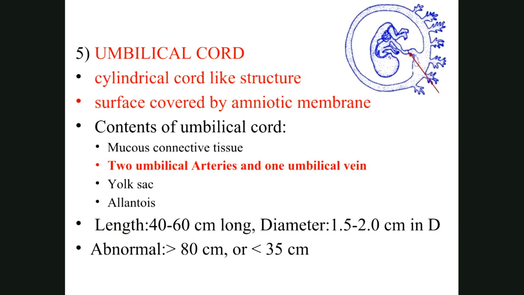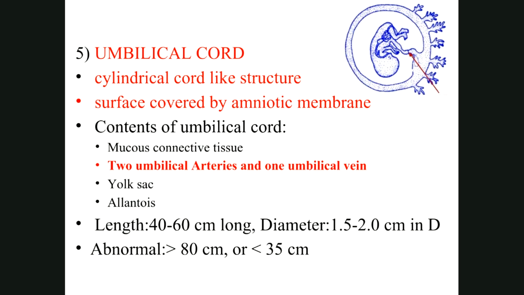We also discussed the umbilical cord, the importance of its length, and the umbilical arteries and vein and their circulation. So these are some of the important aspects of development and the supporting structures during development.